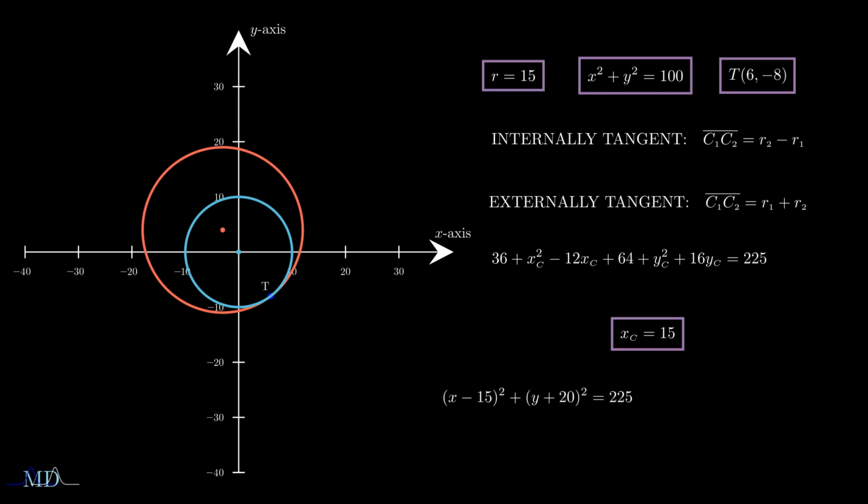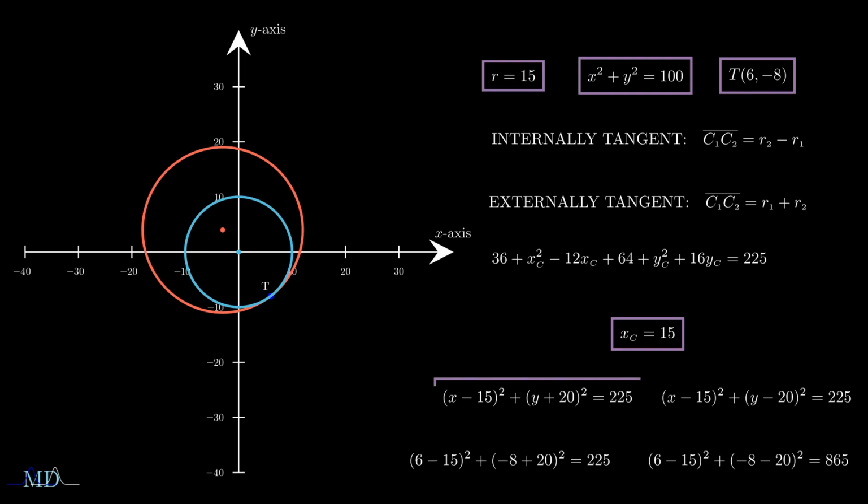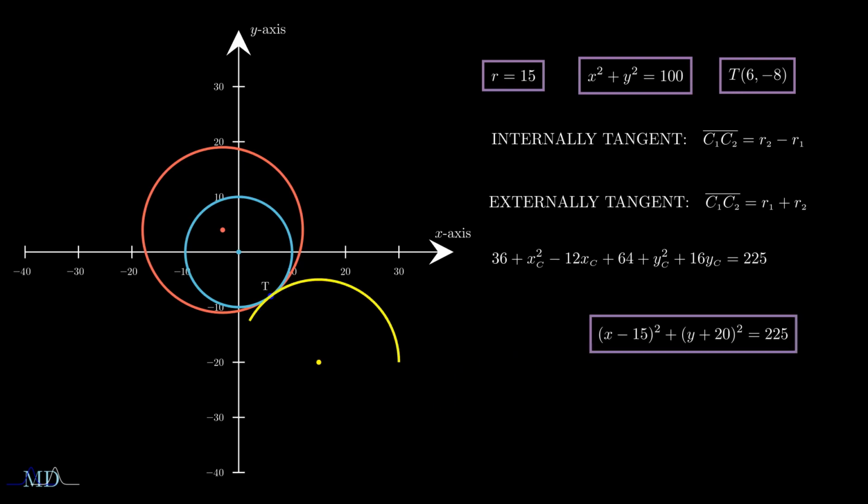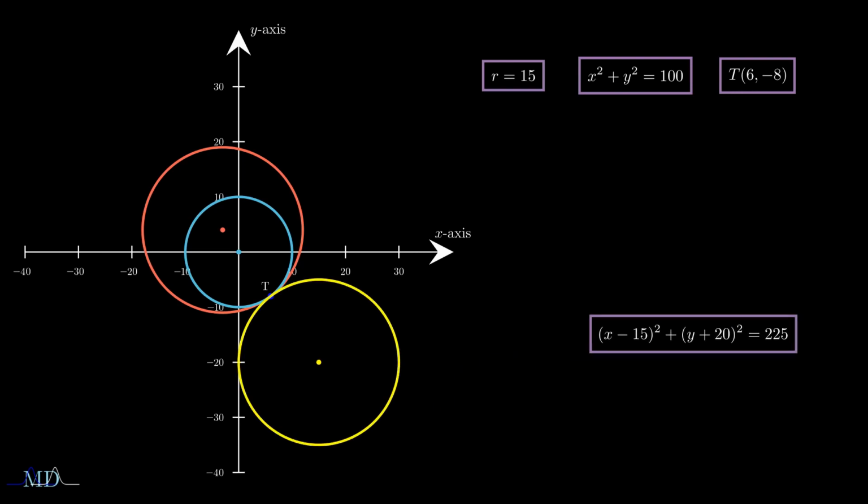But we can see that only the circle with center at the point of coordinates 15 and minus 20 passes through the point T. Therefore our circle has equation x minus 15 squared plus y plus 20 squared equals 225. It is the yellow circle in figure. We have finally found the equations of both circles, tangent to the blue circle at the point T.